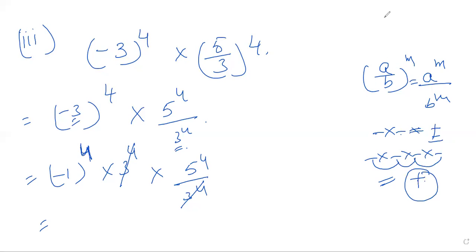If you multiply an odd number of times, that is 3 times, minus into minus is plus, plus into minus is minus. If you multiply 5 times, then also we get negative. So it is 1 into 5 to the power of 4. 5 to the power of 4 is the answer.